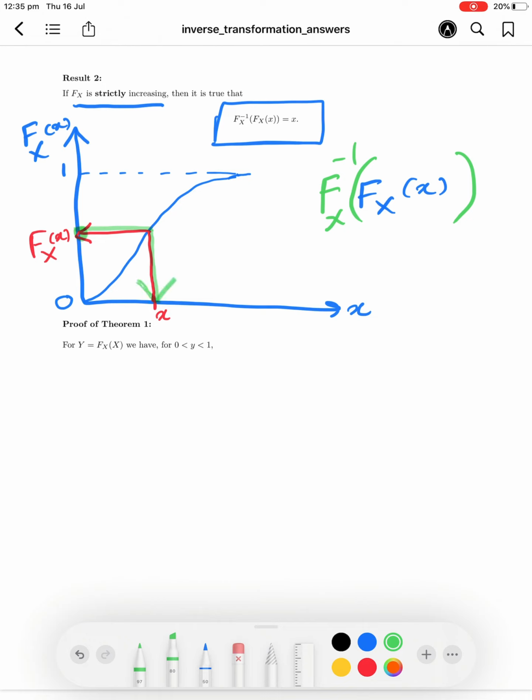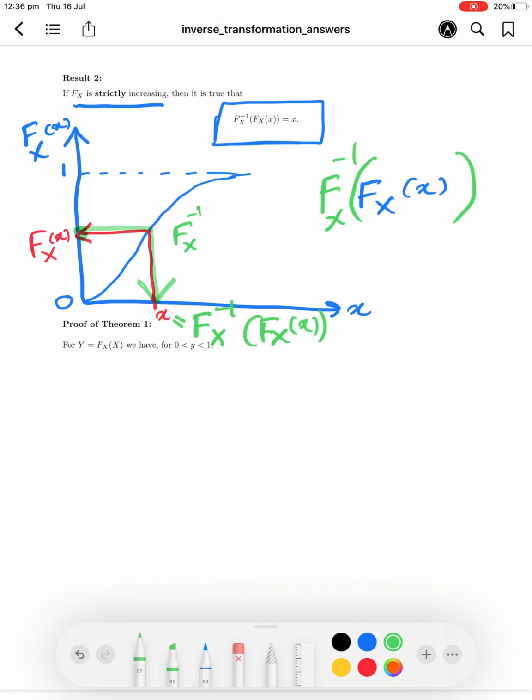We come to the same position, and we can write it as Fx inverse Fx x. So now we can see simple x is equal to Fx inverse Fx x. The green one is Fx inverse.